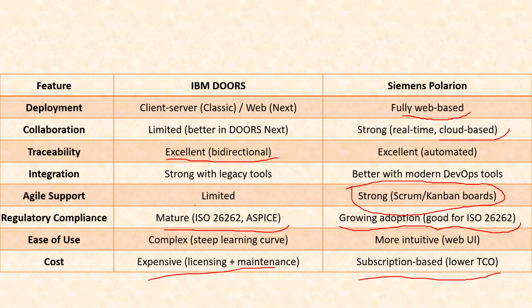Both DOORS and Polarion are tools, and once your systems engineering foundation is very strong, mastering these tools becomes very easy. Of course, you must have good knowledge of ADAS also. For example, if you are working on ADAS, or on avionics or defense, you must have thorough knowledge of the subject. Then mastering this tool becomes very easy.